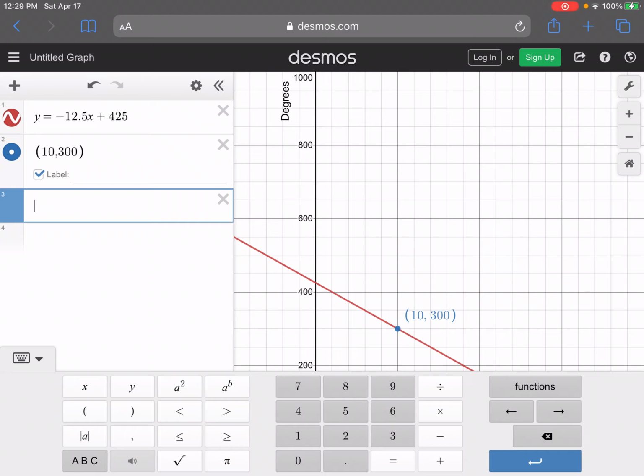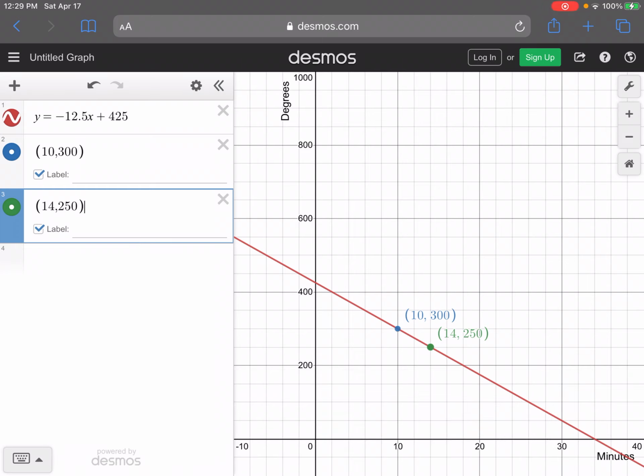And then in the second one, I'm going to type 14, comma, oh gosh, what was it, 250? Well, here, we can do this and we'll find out. Is it on the line? Yeah. So it must be the right point because it's on the line. All right, so if I hide now the little keyboard, I can take a screen capture of this, and I can take that screen capture and put it in my document in Notability, and we'll be all good.